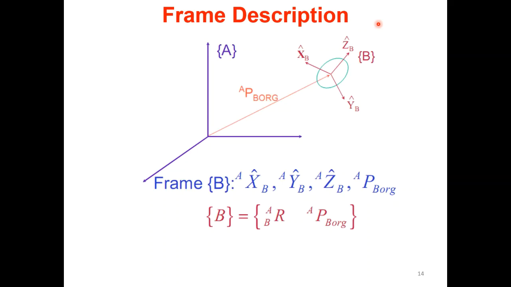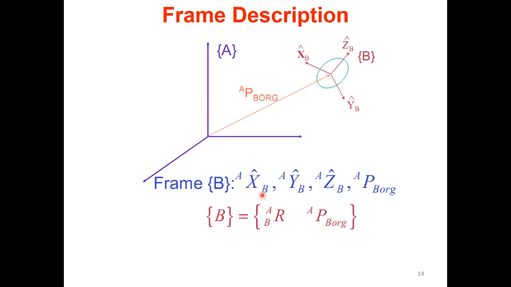So a complete description means you need to account for the two motions. One is the linear shift of the origin from the origin of A, and the second is the rotation.